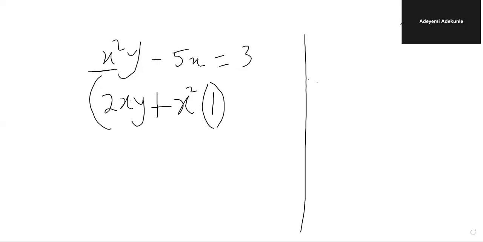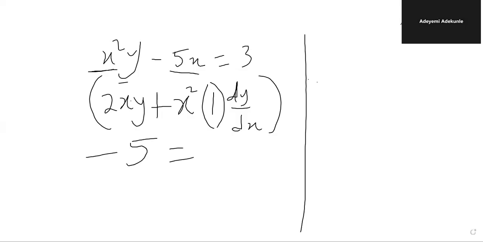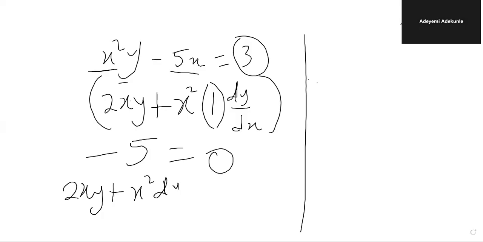So the derivative of y is 1, then you add the dy dx. Minus, differentiate 5x, that will be 5, equals differentiate 3. 3 is a constant, that will be 0. So we have 2xy plus x squared times 1, which is x squared dy dx, minus 5 is equal to 0.